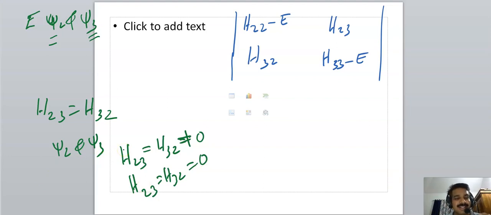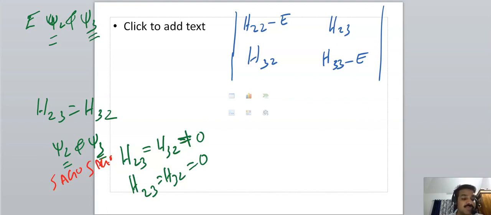Psi 2 and psi 3 are two SAGOs. They are degenerate sets with the same energy, but they are SAGOs, not SILCs. We want to check whether they are SILC or SAGO.